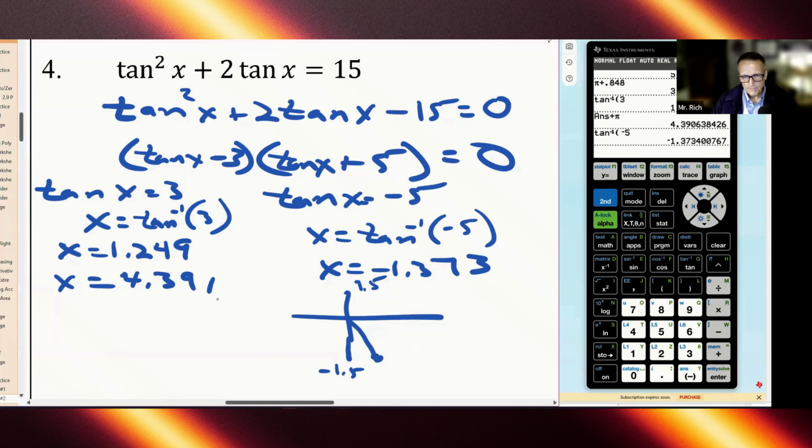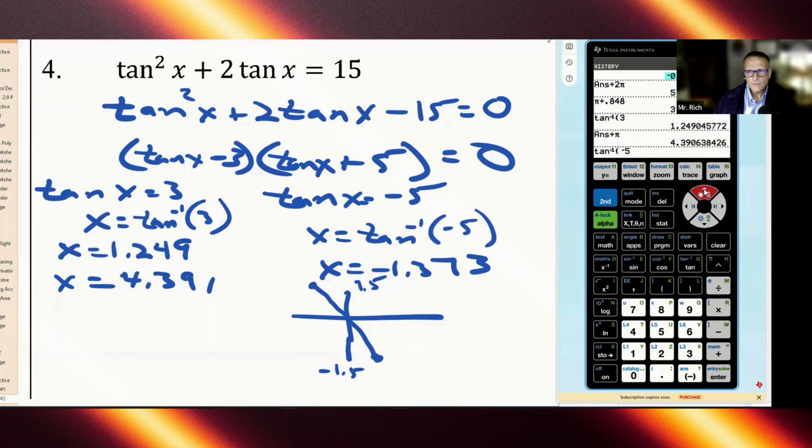All right, well, the other one's going to be up here in the second quadrant, up here. But remember, I can't leave this as -1.373, that they gave me an angle rotated in the fourth quadrant. So what I need to do, first of all, is add 2 pi to that. Did I do that? I'm thinking that I did this wrong up here. No, I did. I added 2 pi to that.